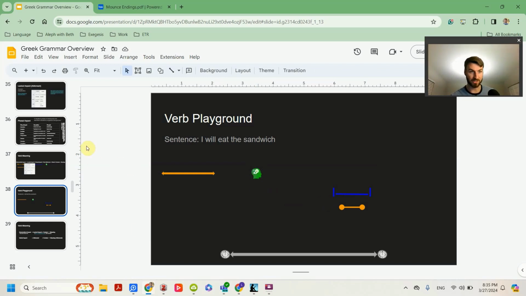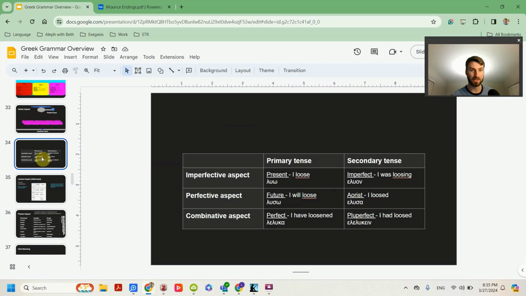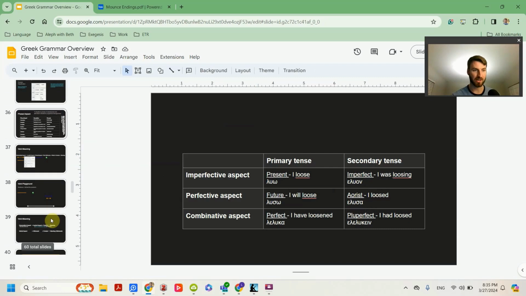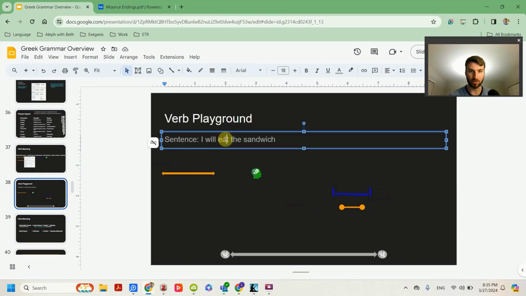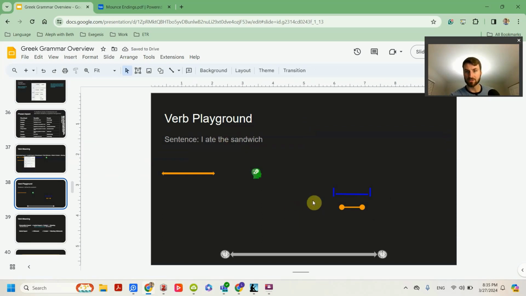Okay? Versus, if I want to change this to the secondary tense, this is called the aorist in Greek. And we translate this as I loosed. So let's diagram this. So we would say in English, I ate the sandwich. So now we just kind of flip these, right?